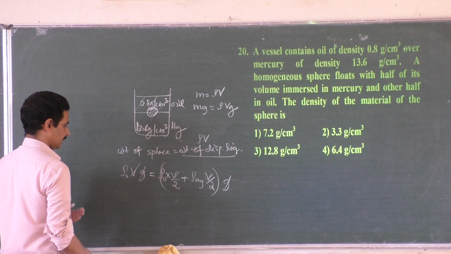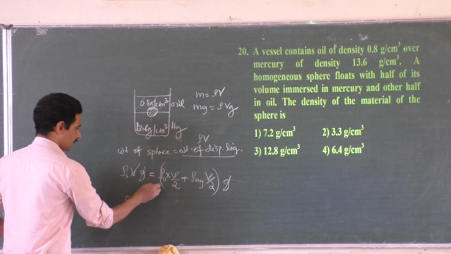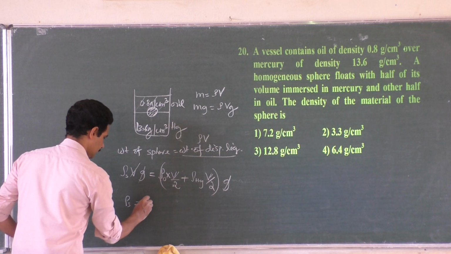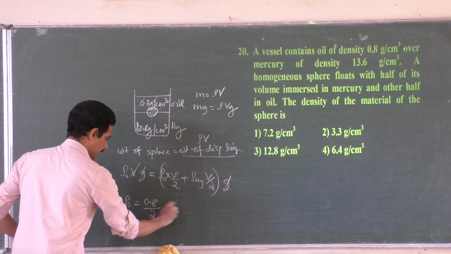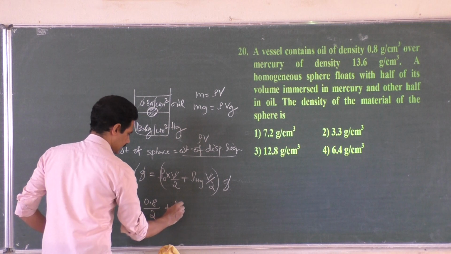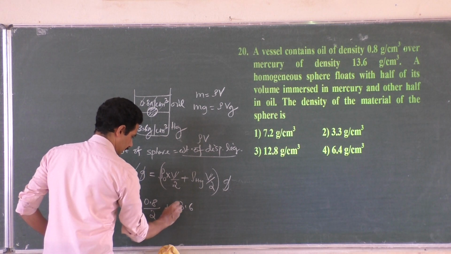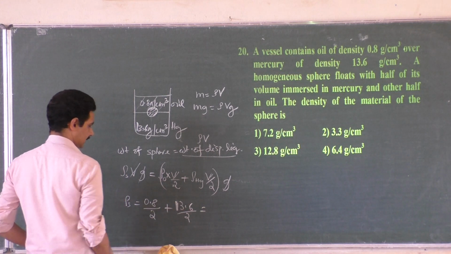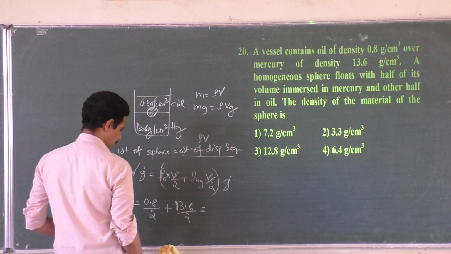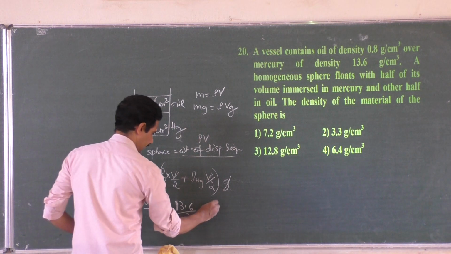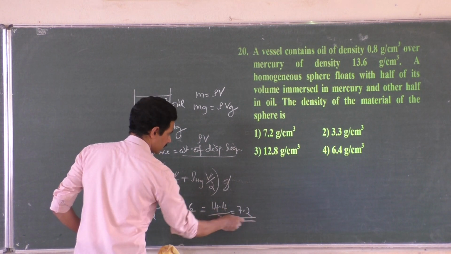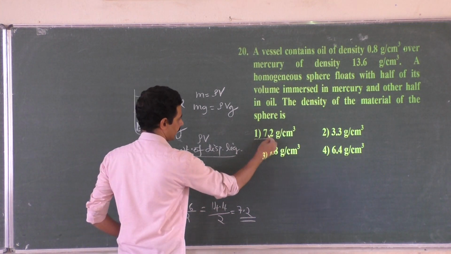So what can I do? The density of the substance is equal to the density of the oil, 0.8 by 2, plus 13.6 by 2, that is 14.4 by 2, which is 7.2 gram per cm cube. Everything is in gram per cm cube.